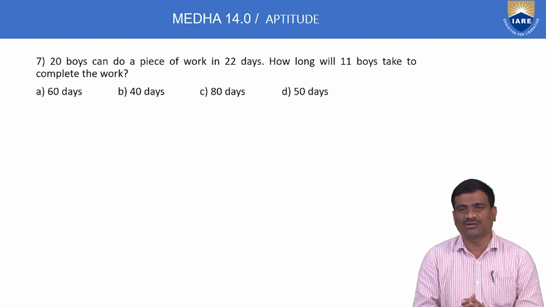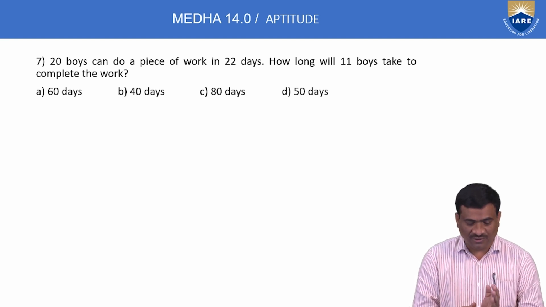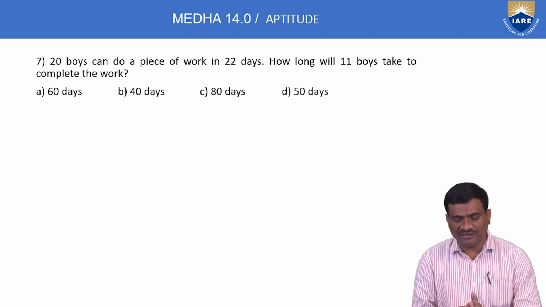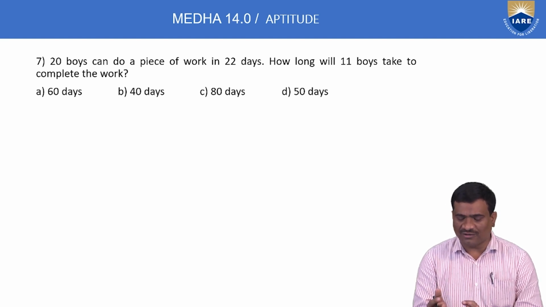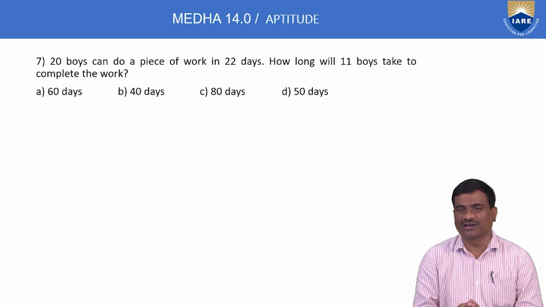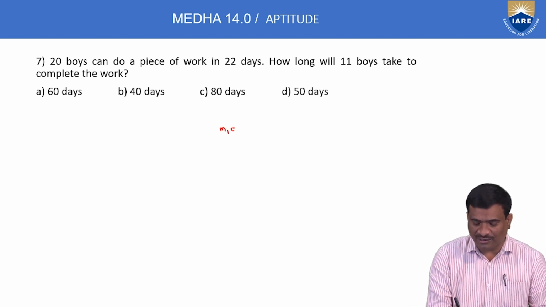Next, seventh example, time and work concept, important formula. 20 boys can do a piece of work in 22 days. How long will 11 boys take to complete the work? Method, relation only important: M1 D1 is equal to M2 D2.